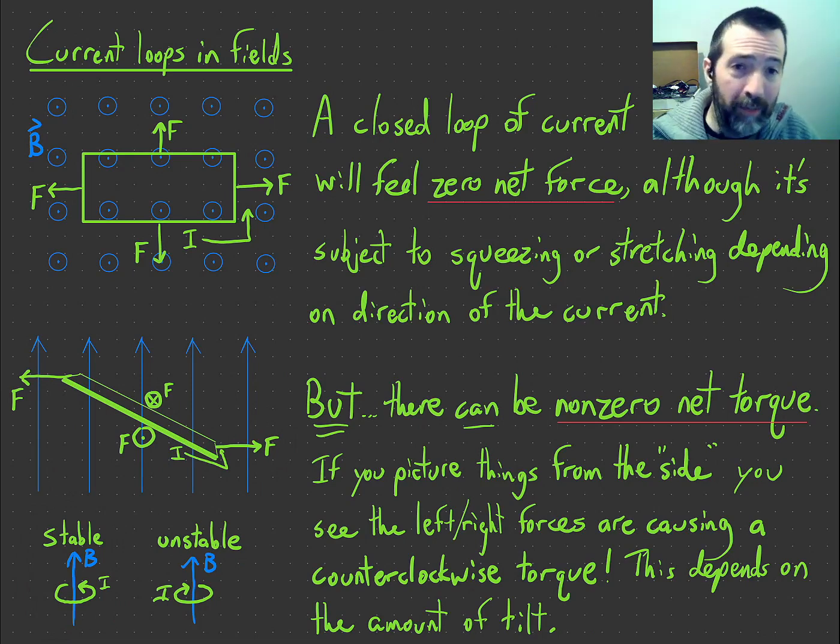It'll definitely come up at some point in the exam as well, because of how applicable it is to later stuff in physics and engineering. But it all goes back to just F equals IL cross B, and our definitions of torque from ages ago.